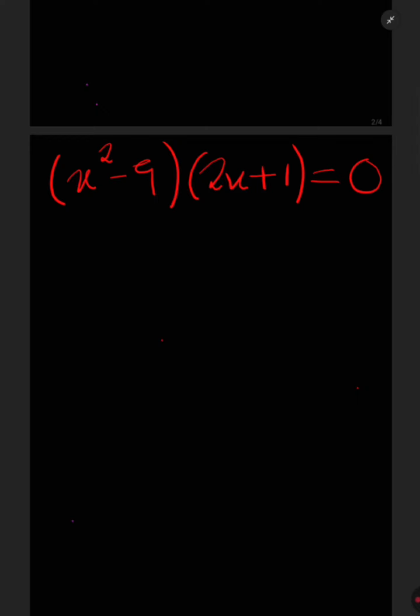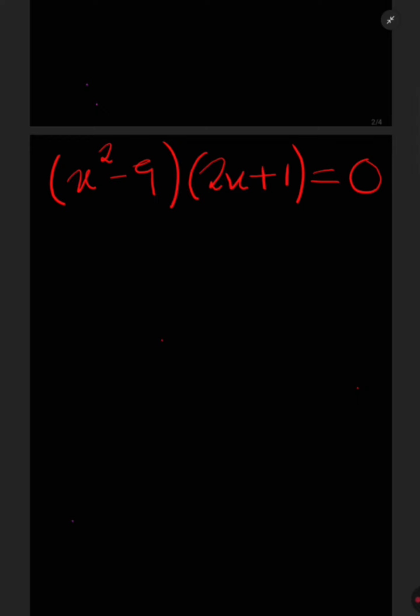Okay, let's move on to an equation which may somehow look a little bit peculiar to what we've done before, but it's very simple. We are still going to apply the same rules. You shall have in this one (x squared minus 9) times (2x plus 1) equals 0.